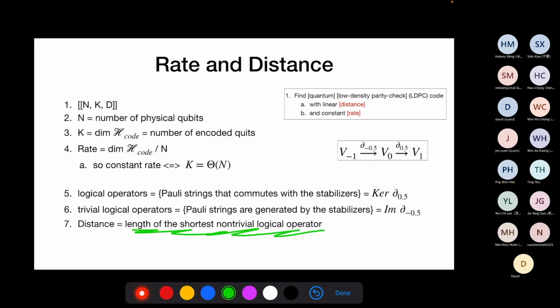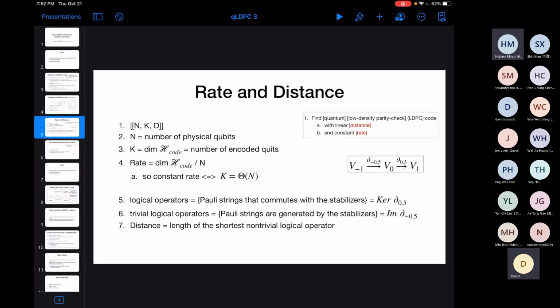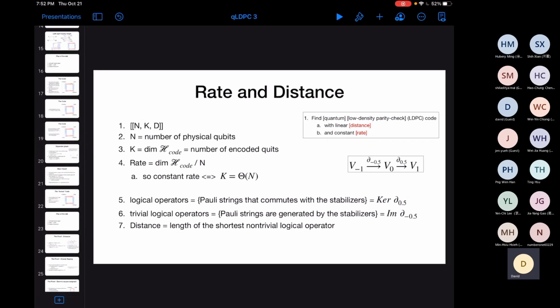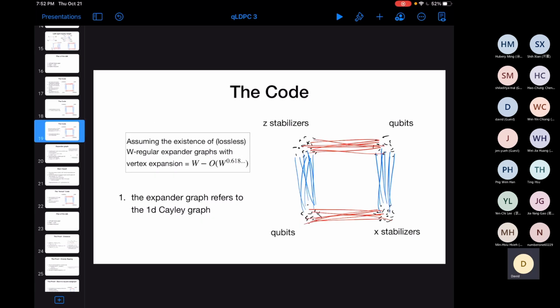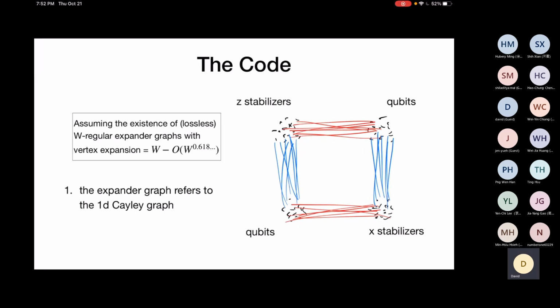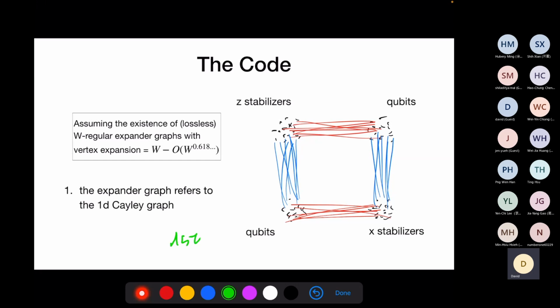You look at the logical operators. Then how can you find the error in the graph? It's not easy to find. So what you're asking is how do you do the analysis showing the distance is large, and that will be covered later.